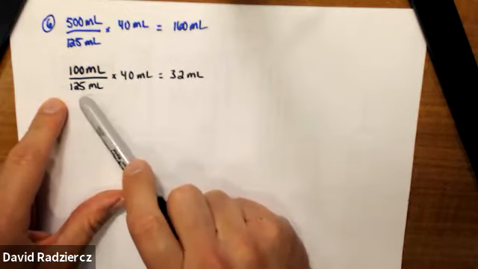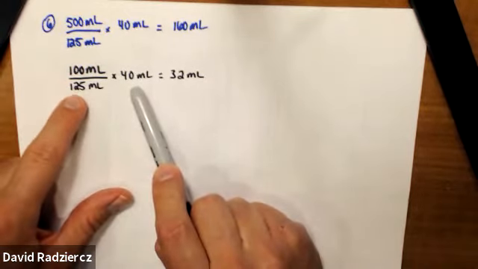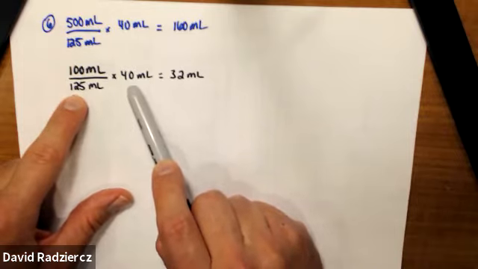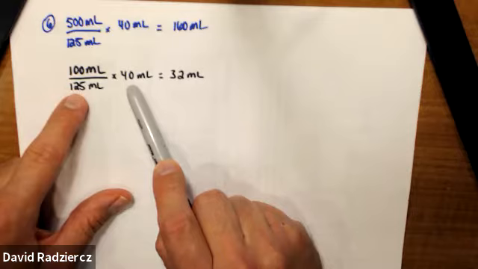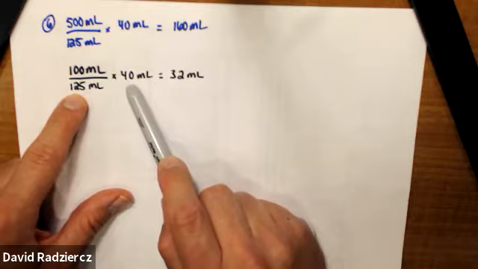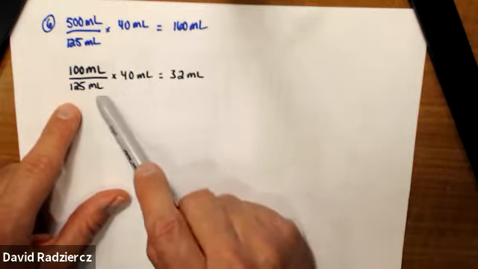The other thing that's helpful to keep in mind is that for every 125 milliliters lost, you're going to replace with 40. So if you lose more than 125 milliliters, your replacement volume should be greater than 40. And if you lose less than 125 milliliters, then your number should be less than 40. So don't get hung up trying to overcomplicate this.